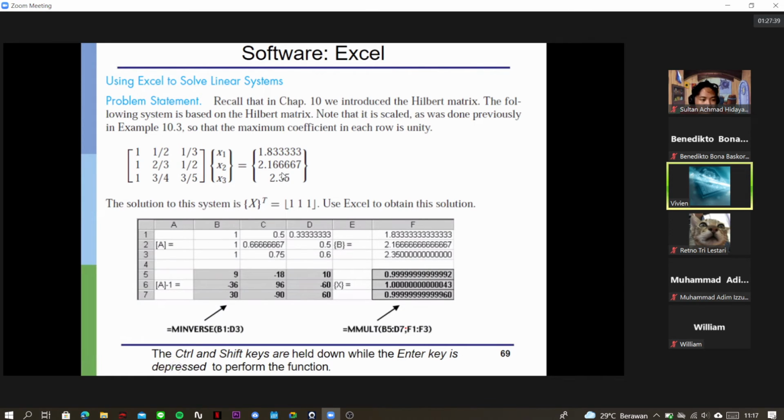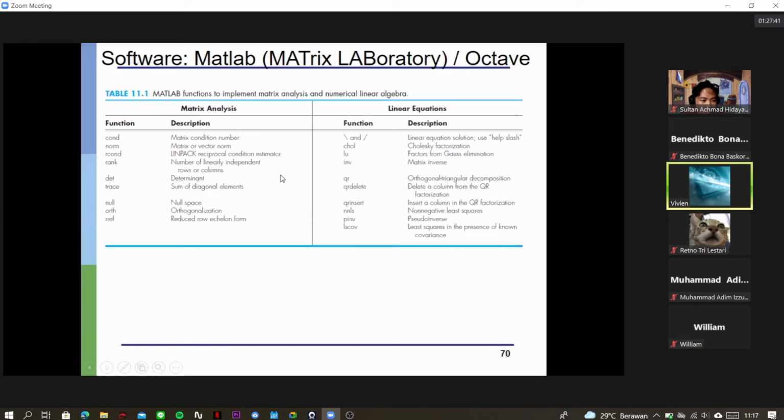Okay. And also in MATLAB, you can use functions to implement matrix analysis. You can find the condition number of a matrix. You can find the norm as what we have learned before. We have several norms to calculate for the matrix, and we have many functions related to matrix analysis.